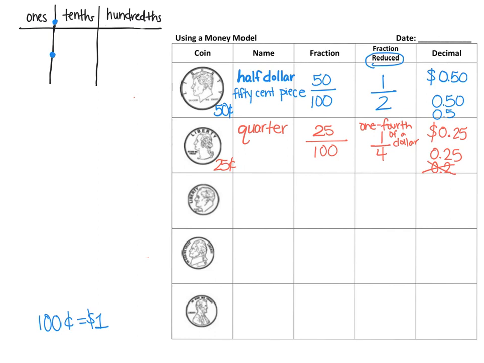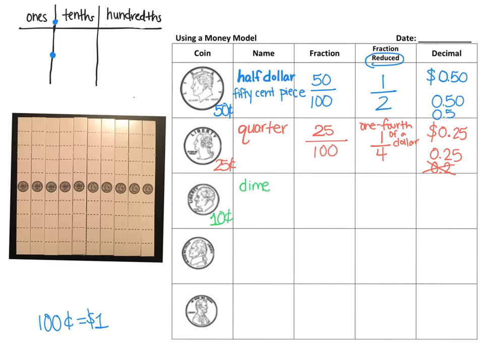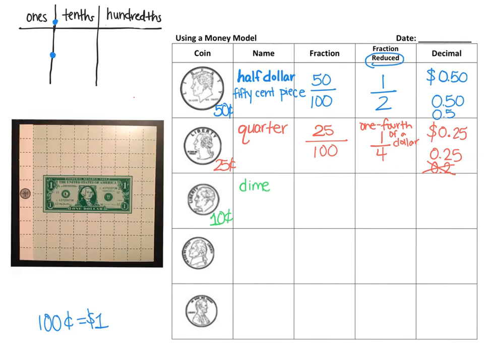Now we are going to look at the dime. The dime is the smallest of the American coins in size, but it is not worth the least. A dime is worth 10 cents. We spell dime D-I-M-E. As you can see on the money mat, it takes 10 dimes to make a dollar.